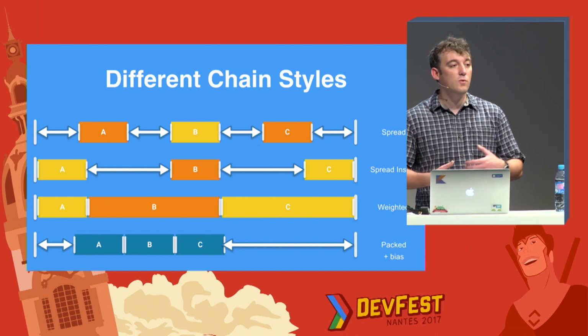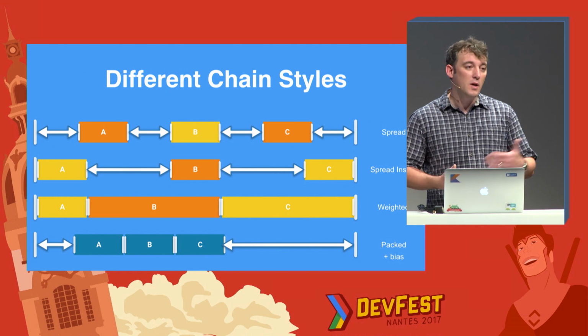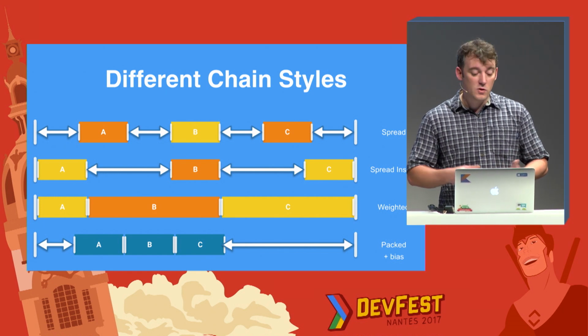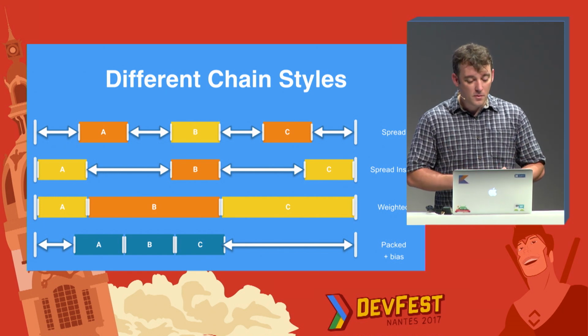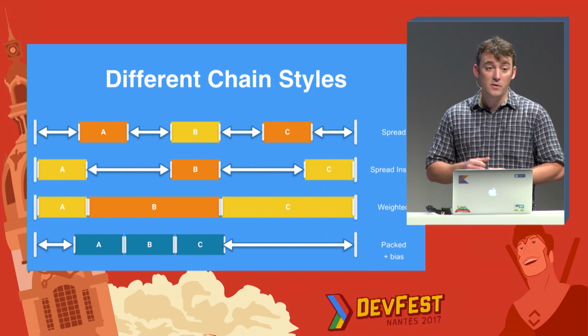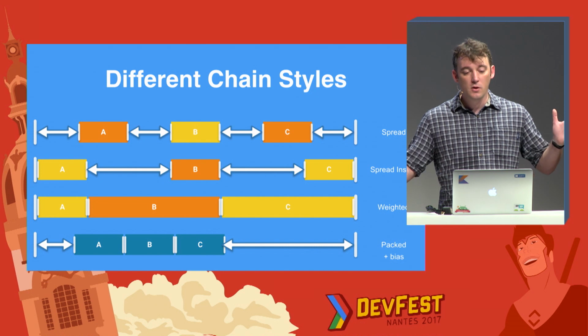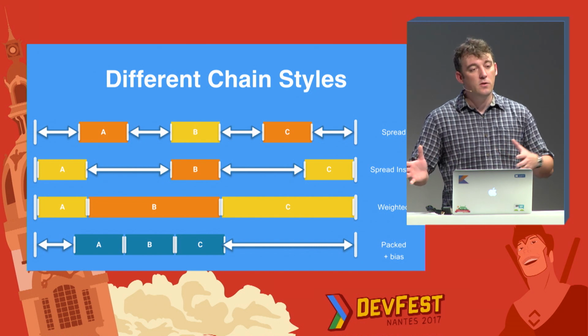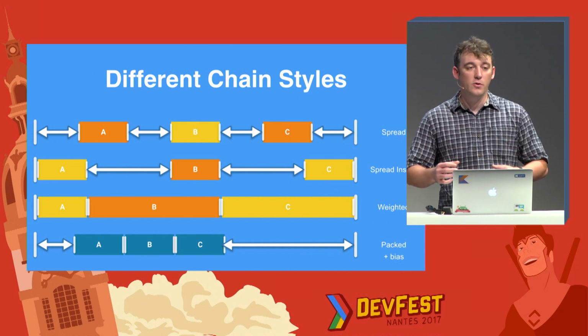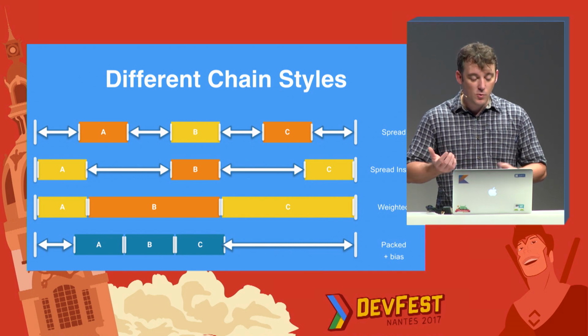So that's very similar to a lot of the concepts you're already using in other Android layouts, just everything's kind of coming together. And the last one is packed, which is kind of nice just to consider all those widgets in a chain to be part of the same group, and you can then center the entire group, not just one widget. And bias works as well.